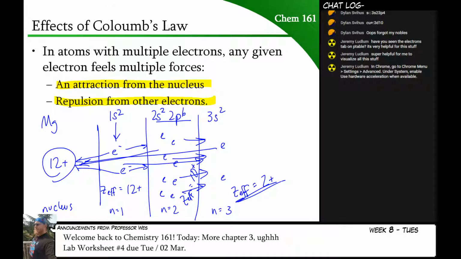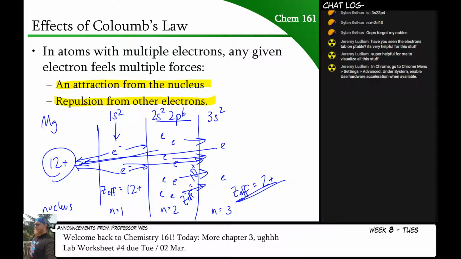So those electrons move around n equals 3 as if they had a force of 2 plus pulling on them. So my Z effective for electrons on the valence shell of magnesium is +2.